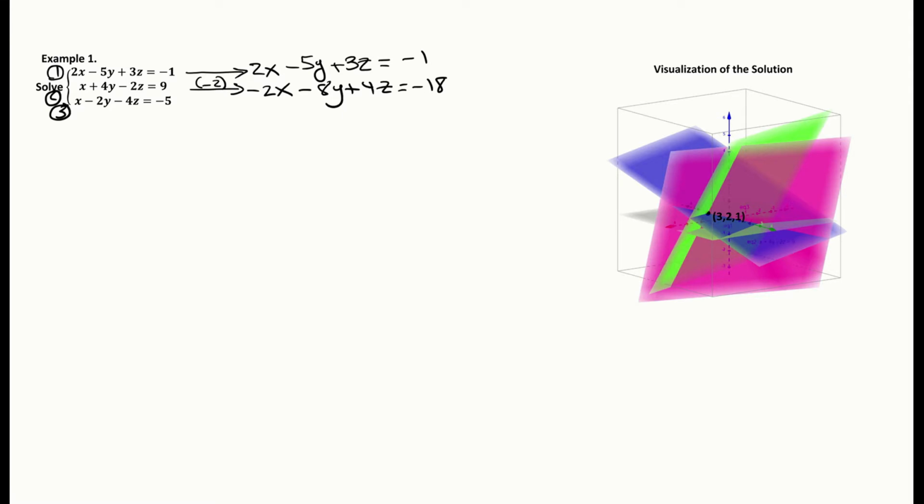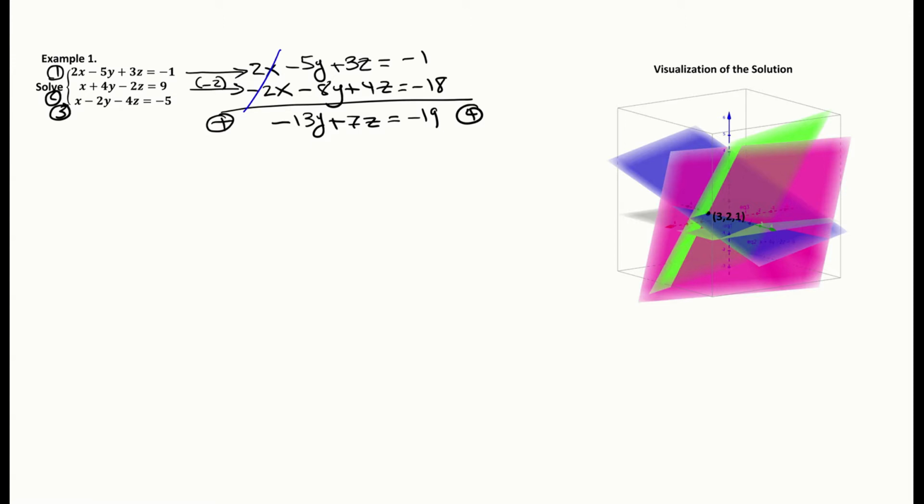So we go ahead and add those 2 equations now. Notice that these will cancel out, and we end up with -13y plus 7z is equal to -19. Now that's a new equation that we have come up with, so let's give it a name. We'll call it equation 4.